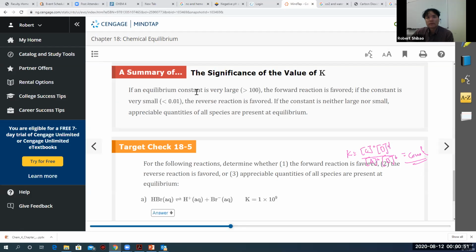And so if an equilibrium constant is very large, greater than 100, the forward reaction is favored. If the constant is very small, less than 0.01, then the reverse reaction is favored. If it's between this, neither large nor very small, then all species are present at equilibrium.